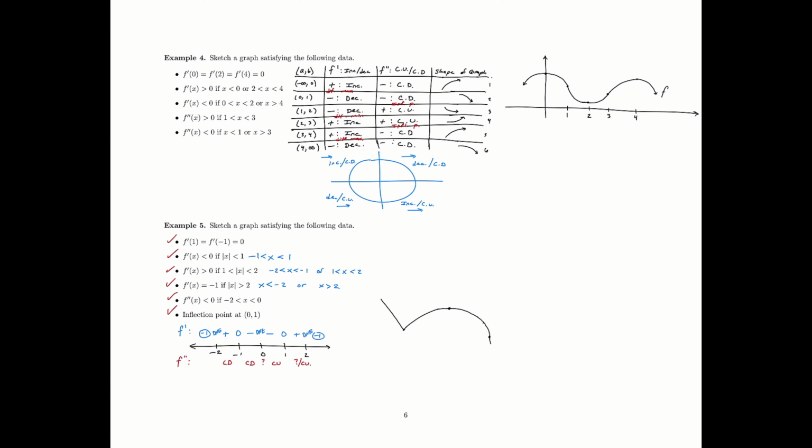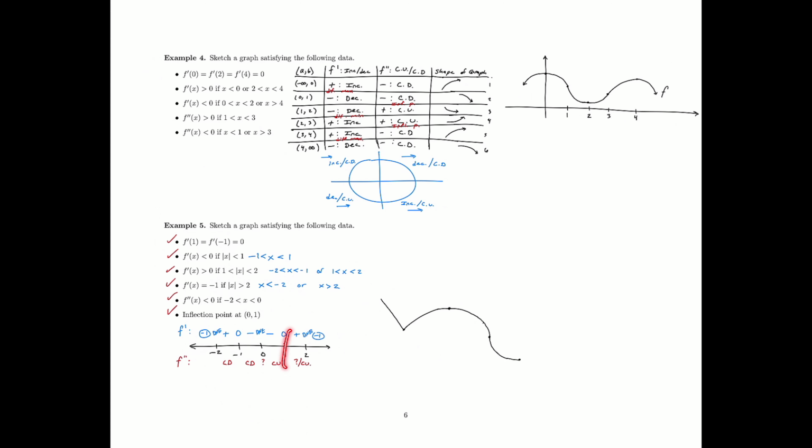And then we're going to start doing that until we get to the horizontal tangent, which means we flatten out for a second right here. And now that we're there, that's where we are right here.